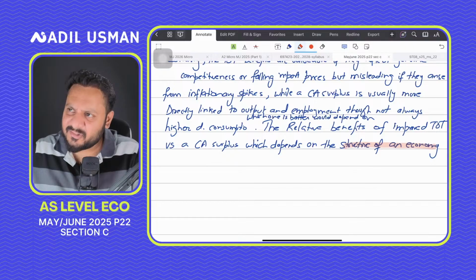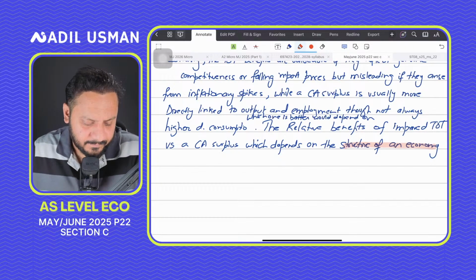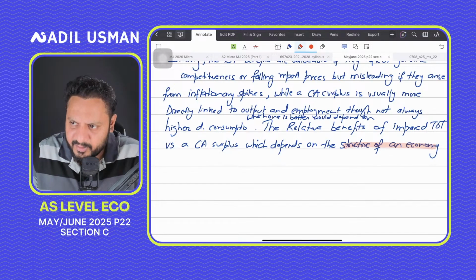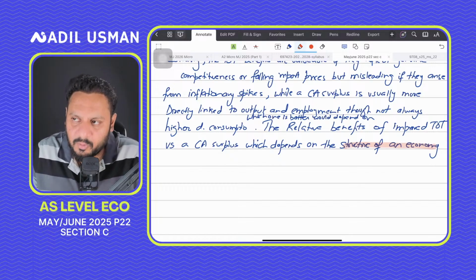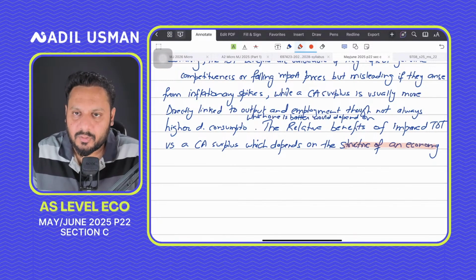Those manufacturing economies would benefit more from a current account surplus rather than a terms of trade improvement, because a current account surplus would help their export sector to grow.